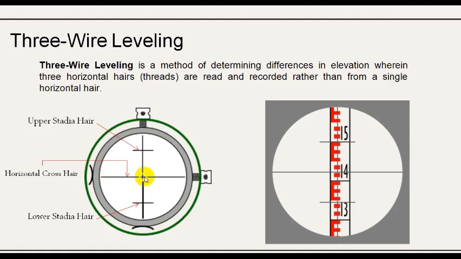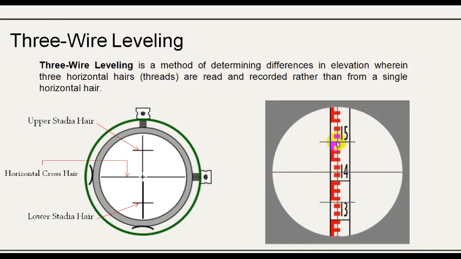But in three-wire leveling, we read the upper stadia hair or upper crosshair, and take note, also the lower stadia hair or lower crosshair. For example, this is what you see in your eyepiece on your graduated rod.